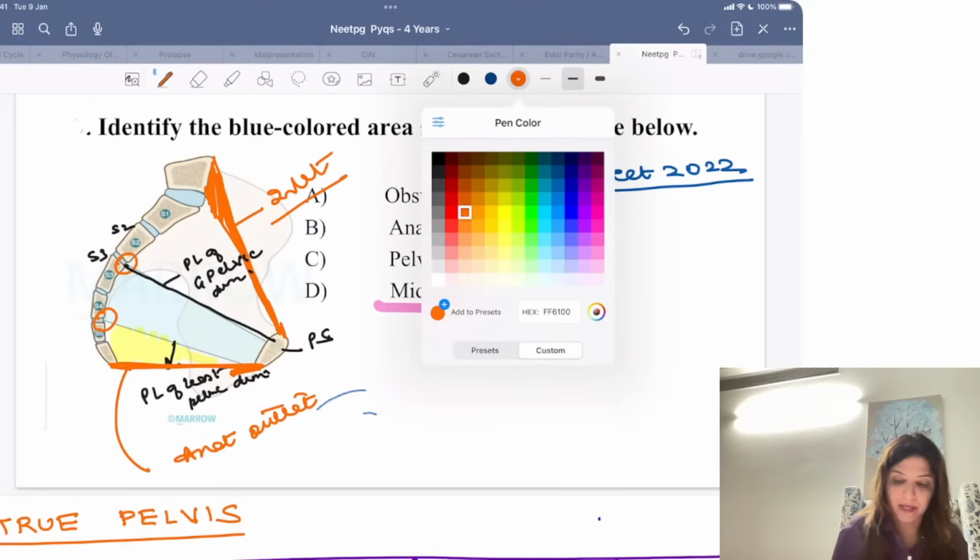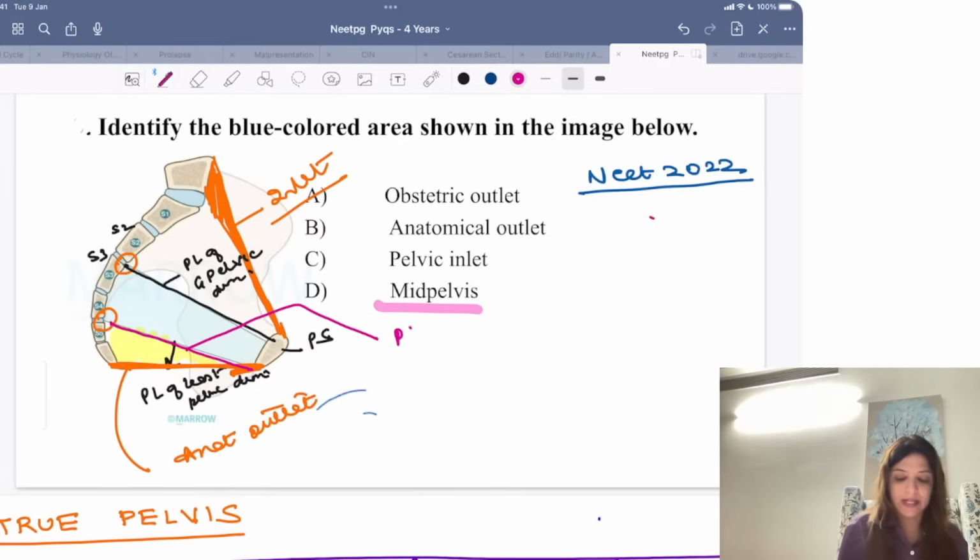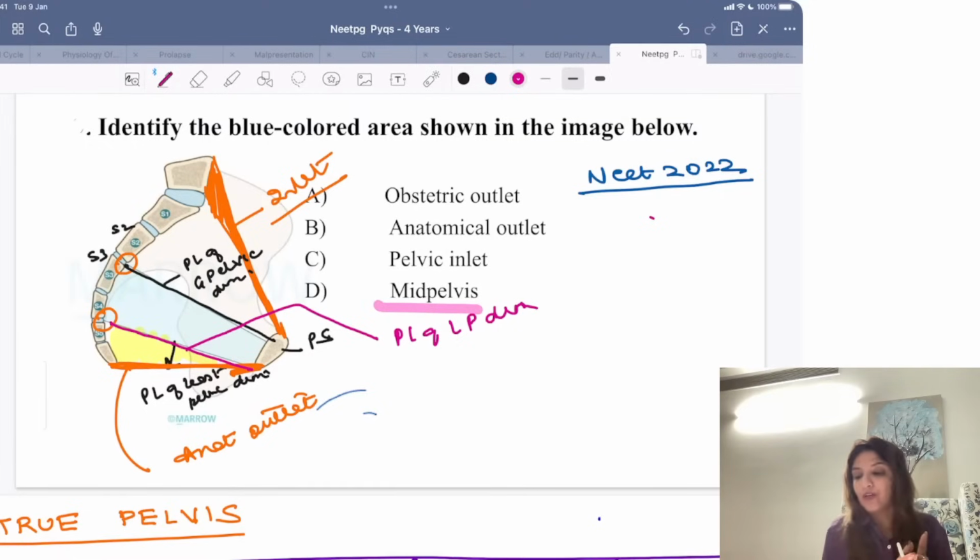So this was the plane of least pelvic dimensions. So this yellow area which is lying in between the plane of least pelvic dimension and the anatomical outlet is obstetrical outlet.